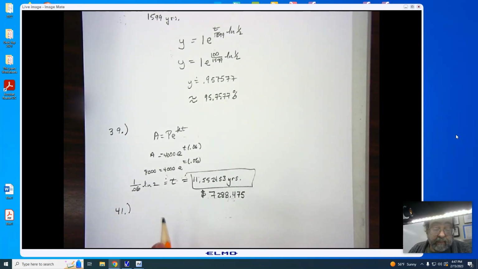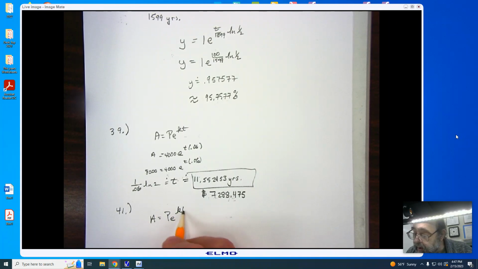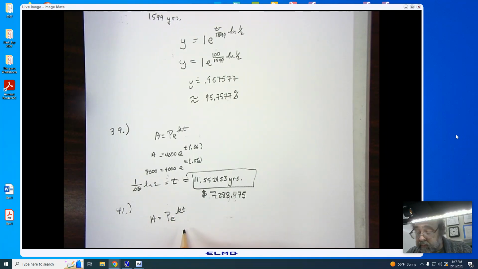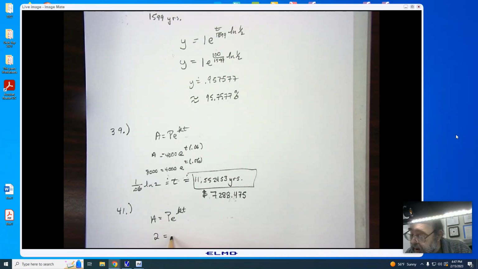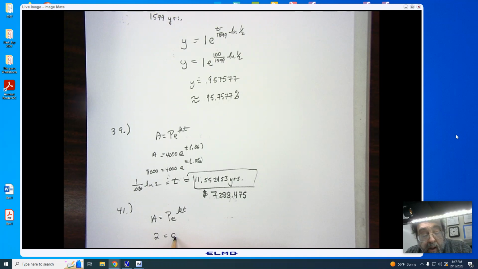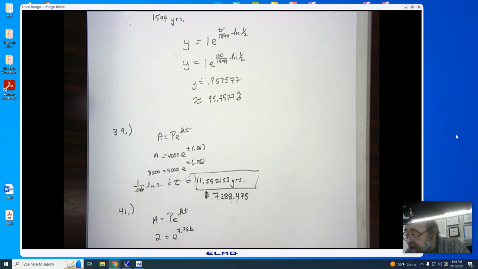Number 41 is just following the same pattern. We have amount equals P e to the kt power. We know it's going to double. So 2 equals e to the doubling time 7.75 k. That'll allow me to take the natural log of 2 and divide by 7.75, equaling k.